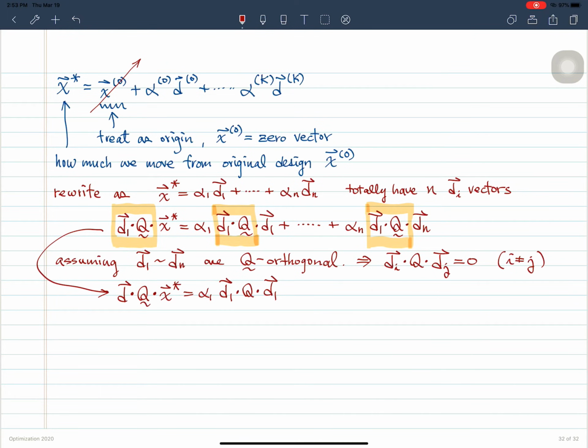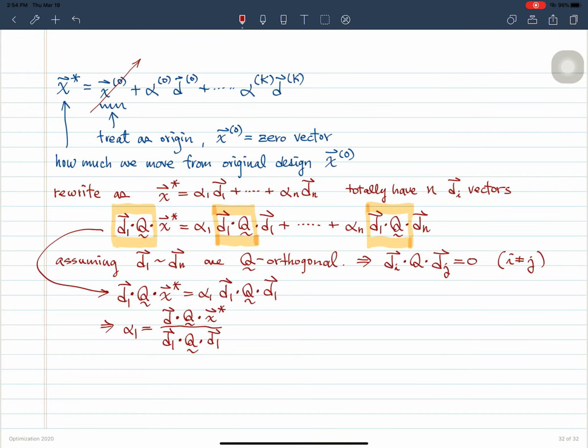Okay? So we have this new form. And what can we do? We can do this. Alpha 1 then equals D1 dot Q dot X star over D1 dot Q dot D1. What's interesting is that without doing any optimization, just by playing with the math, we can actually calculate alpha. So what is alpha?